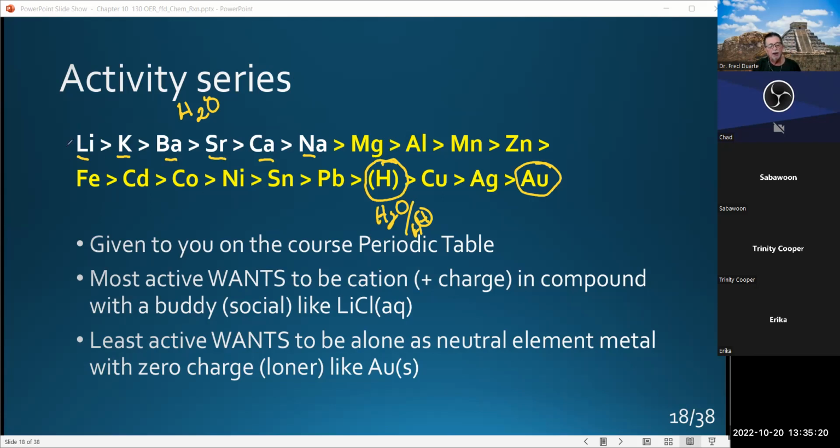So the ones in white here, which are bold, they are so reactive. I'm just going to call them M prime. These guys in white are so reactive that we actually have to store them in mineral oil. Can't even store them out in the atmosphere because they're reactive with any moisture in the air. So you store them in oil.